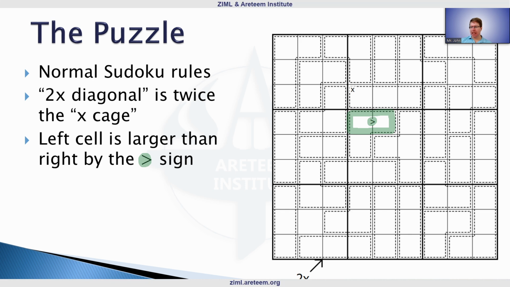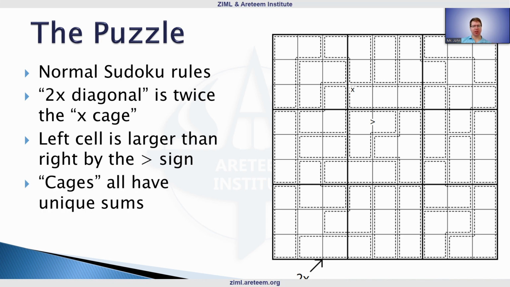Now, let's start getting into the crux of the math stuff and what I think is really beautiful about this puzzle. We have these different cages now. For example, let me look at some of these cages with 4 cells in them.